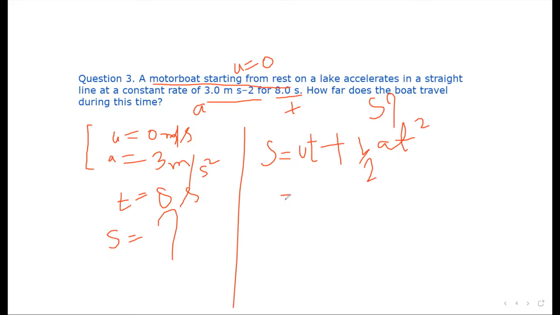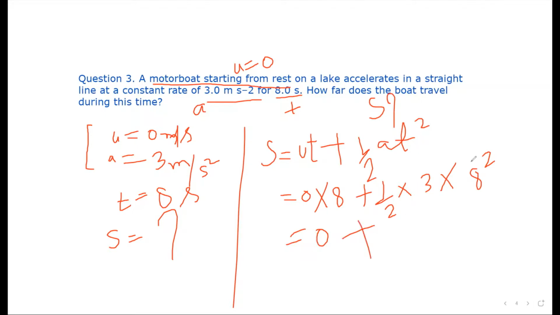So we have to find S. What is u here again? 0. 0 into 8 will be 0 only, plus half. What is a? a is 3. What is t? That is 8, and the whole thing is squared. So this becomes 0 plus. Now first don't cut it here. Don't make such mistakes. First you have to solve the bracket.